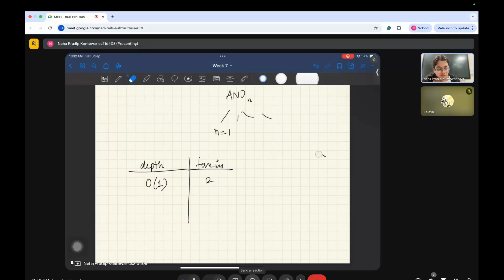We'll see why it is okay to assume that it is 2. If I look at circuits that have constant depth and all the gates have a fan-in of 2, then they cannot compute all the functions, of course, by the same counting argument: there are only finitely many, a limited number of circuits that satisfy these parameters. In fact, we can count, and it's going to be a very small number.